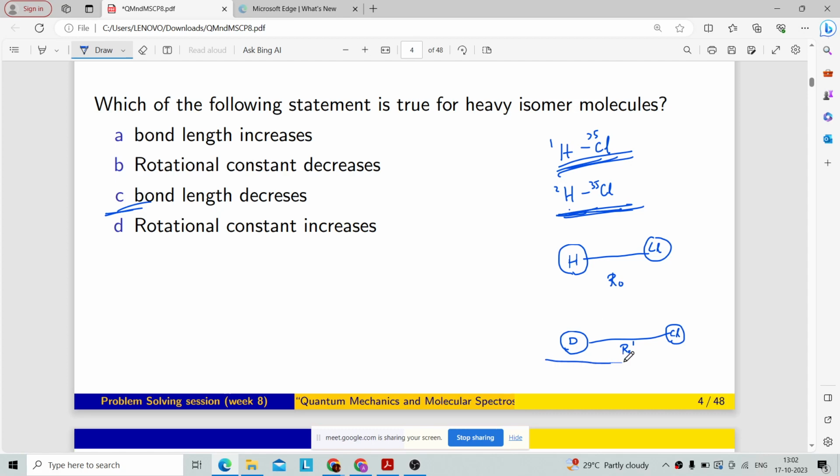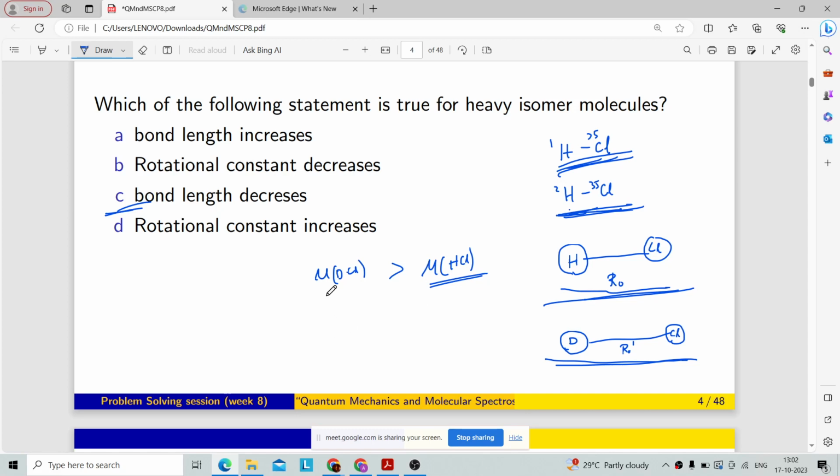So we know for this case the reduced mass will be more compared to this case, right? So mu of DCl will be more than mu of HCl, right?